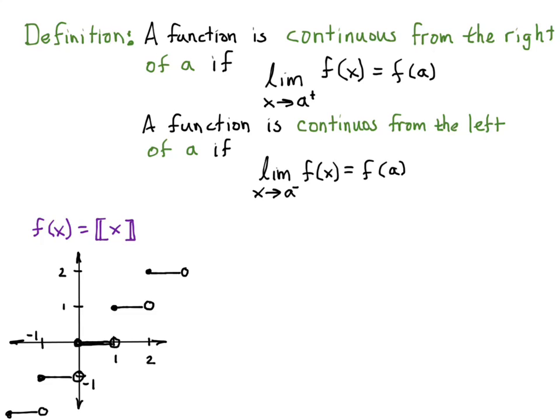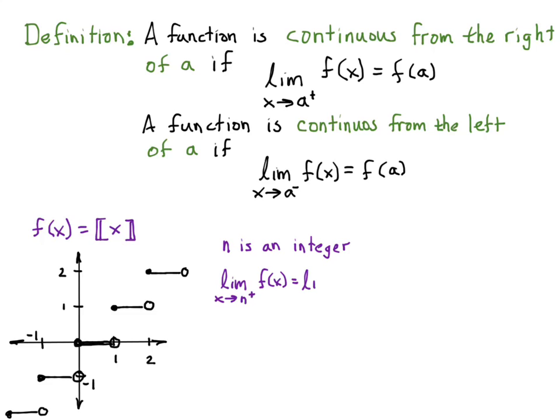Clearly there are some gaps in this function where the value jumps from one to the other. But if I use these definitions of continuous from the right and continuous from the left, we'll see that the discontinuity exists with kind of a peculiar definition. So let's say n is an integer.